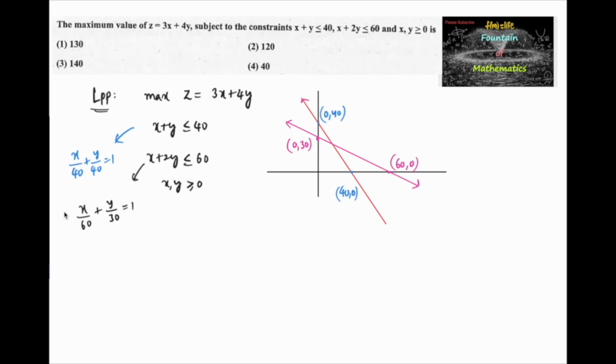And when we consider the inequalities, x plus y less than or equal to 40, where origin 0 comma 0 satisfies, so we can shade the region towards the origin. And coming to the second inequality, again origin is satisfying the inequality, we can shade the region towards the origin.